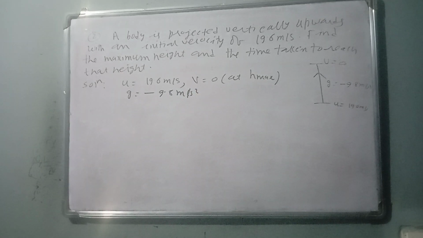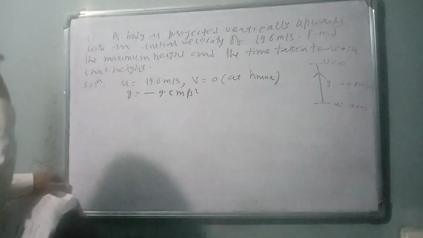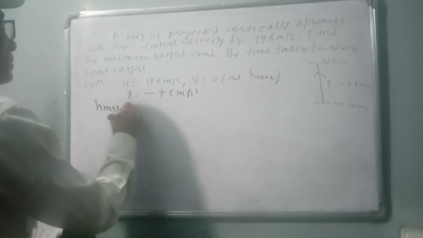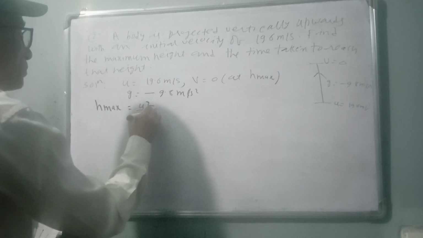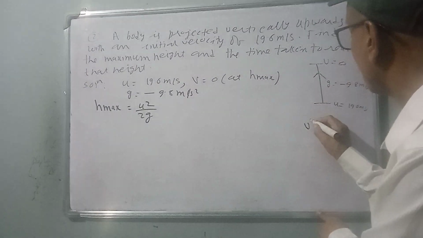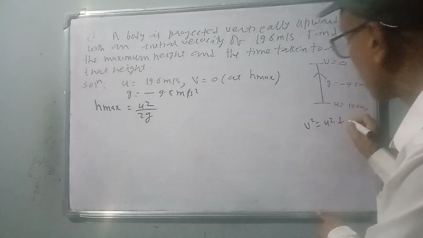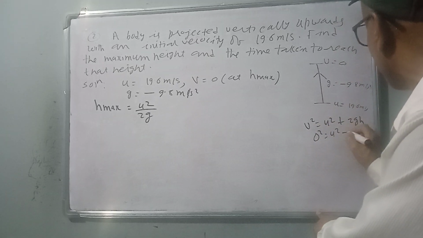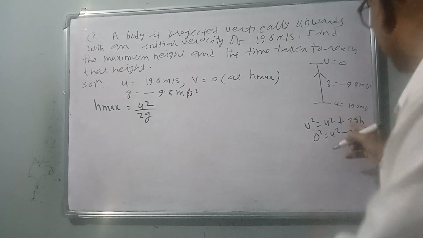And how do we find the maximum height? We know it is U square by 2g. If you are confused, you have to know this formula: V square equals U square plus 2gh. V is 0, so 0 equals U square minus 2gh, because g is negative.